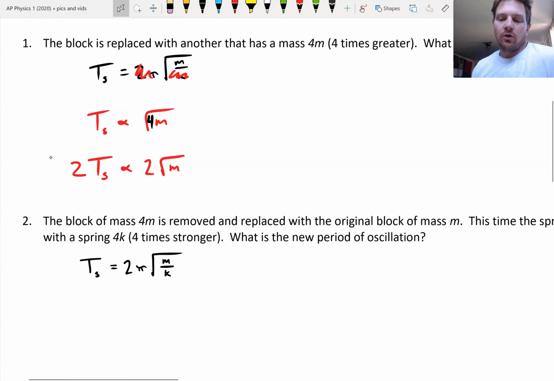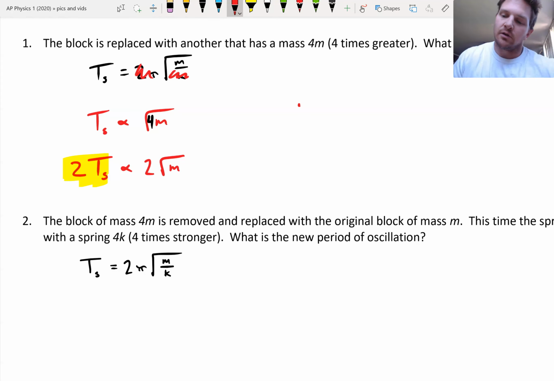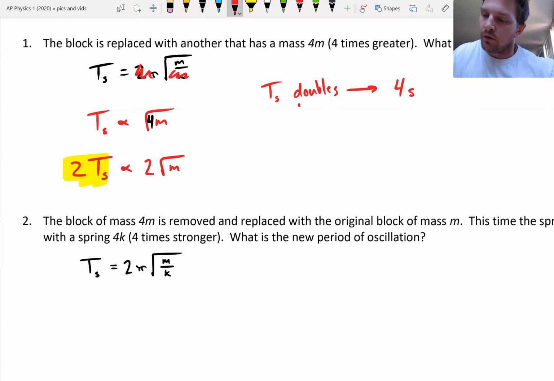So when you quadruple the mass, what ends up happening is you're going to end up doubling the period right there. So the old period was 2 seconds. So the period doubles, which means that we have a new period of 4 seconds.